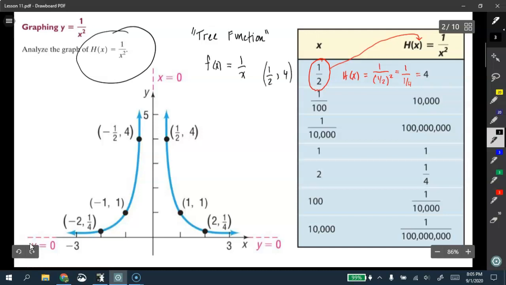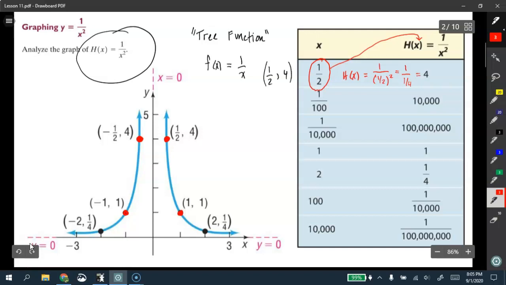So you'll notice that when x is equal to 1/2, its y-coordinate is 4. The same thing can be said about negative 1/2, only on the other side. That's also equal to positive 4, because negative 1/2, when you square it, gives you a positive 1/4 anyway. Using the same logic, we can plug in a few more values, such as 1 comma 1 and negative 1 comma 1.